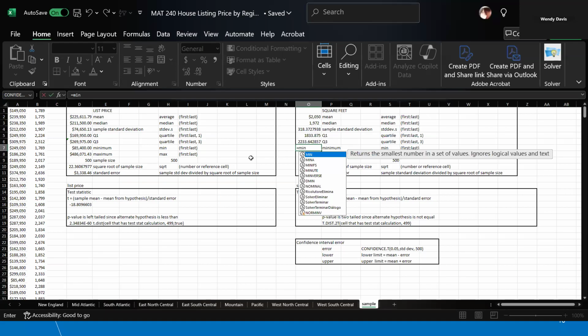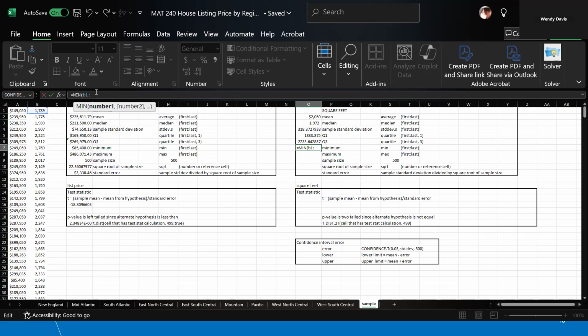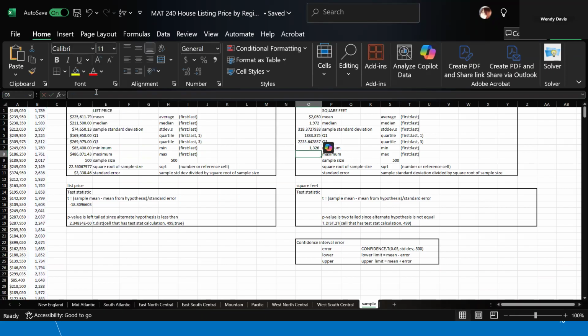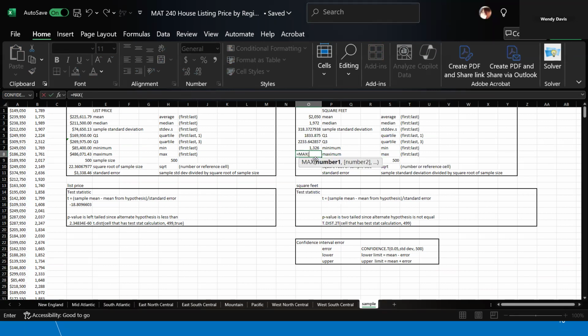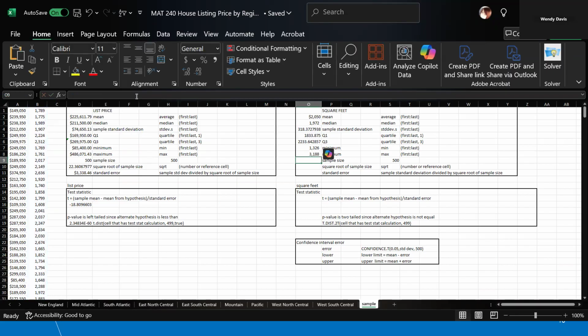Equals the minimum of B1, B500. Okay. The max equals max, B1, B500. This is 500 sample size.